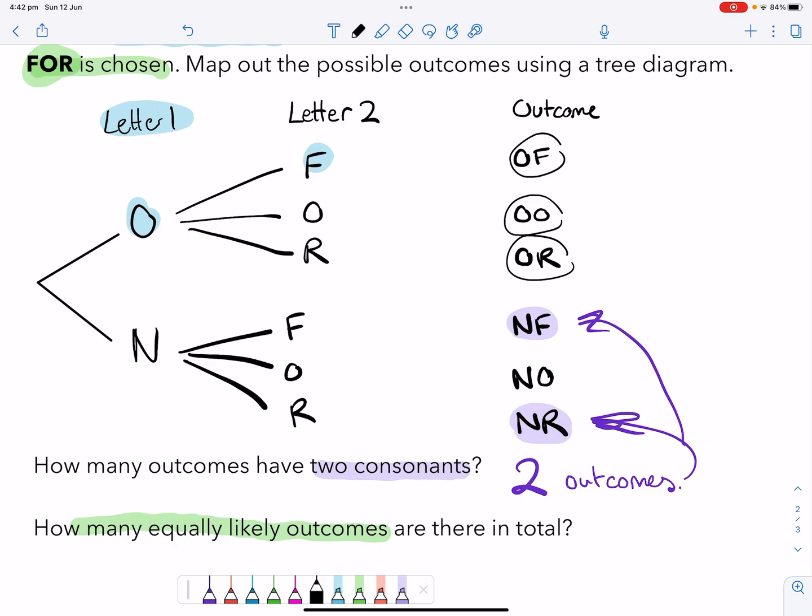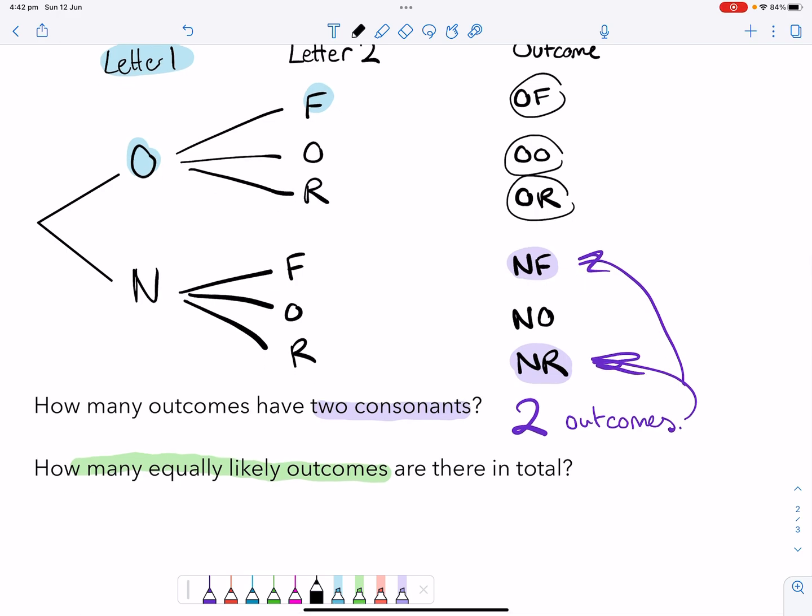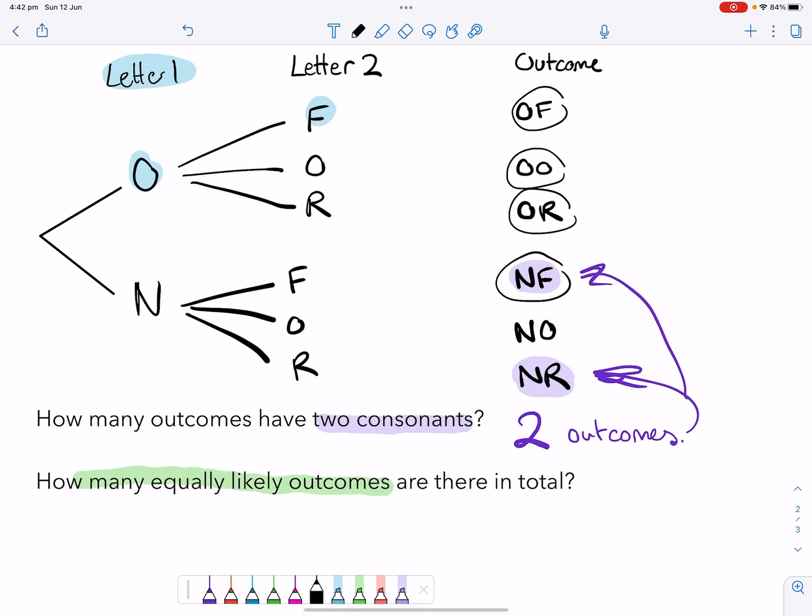If there's no duplicates, which I think is the case with what we have here, they don't have anything in common. So I would say 1, 2, 3, 4, 5, 6. Six equally likely outcomes.